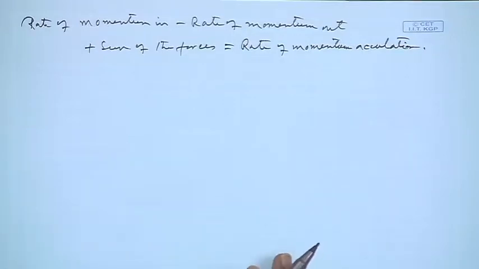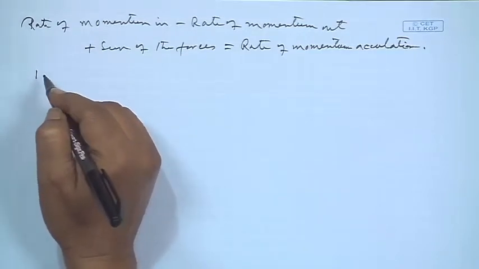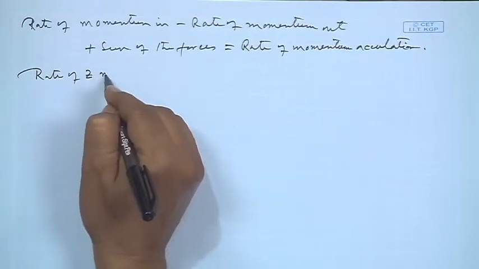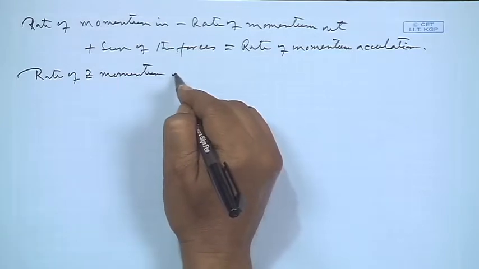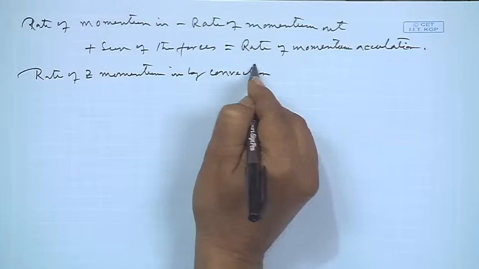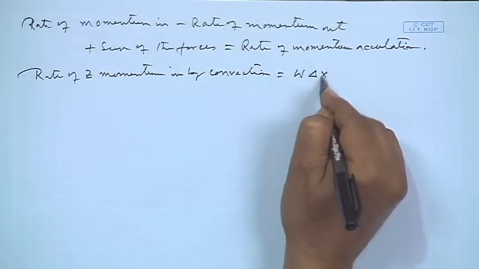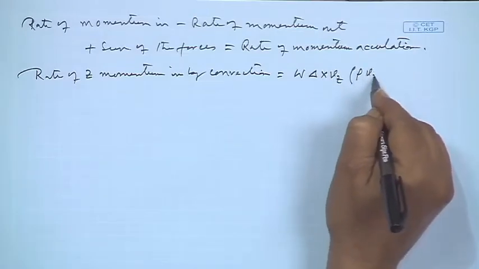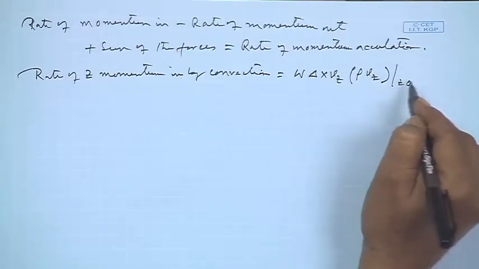In that case, the rate of z momentum in by convection is equal to W times delta x times v z into rho v z at z equals 0.